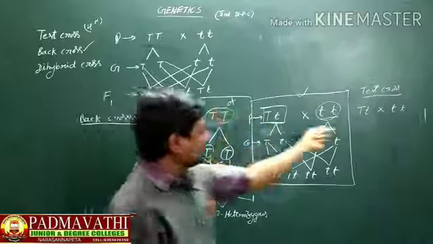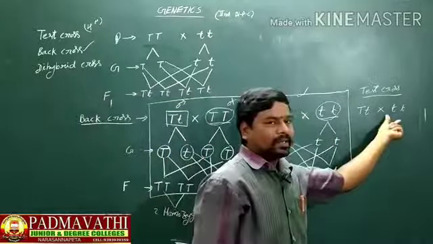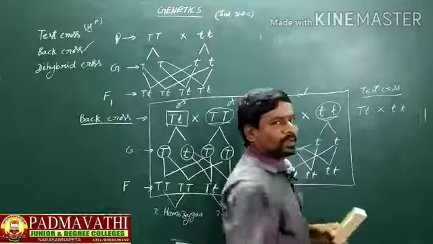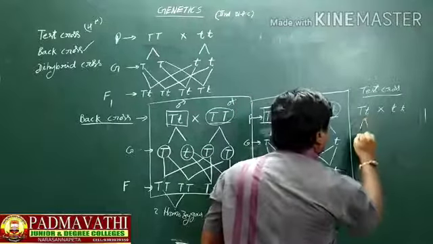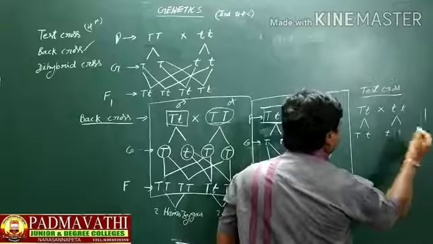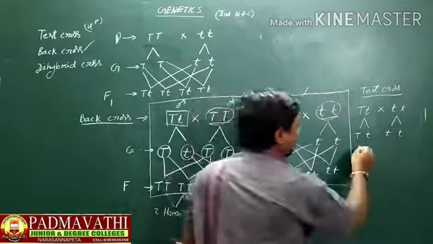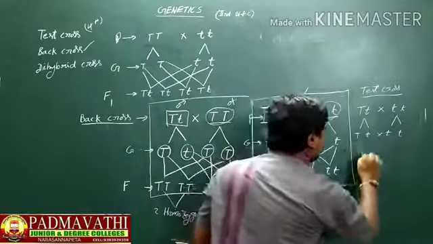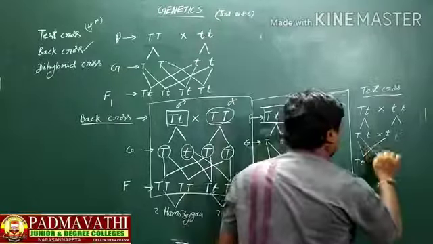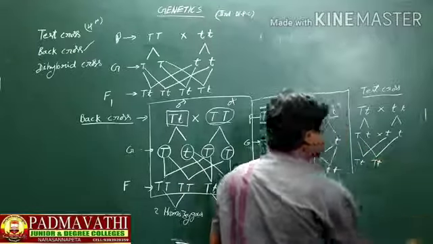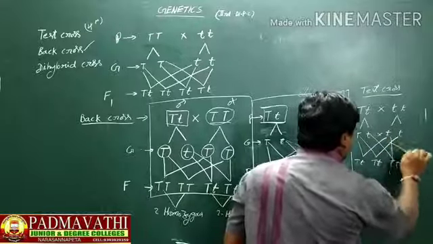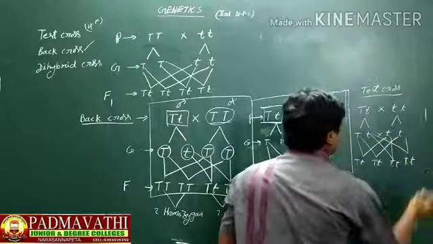When the F1 generation is crossed with its recessive parent only, small t small t. So the gametes are big T small t, and here small t and small t. Then we fuse them: big T small t, big T small t, small t small t, small t small t.